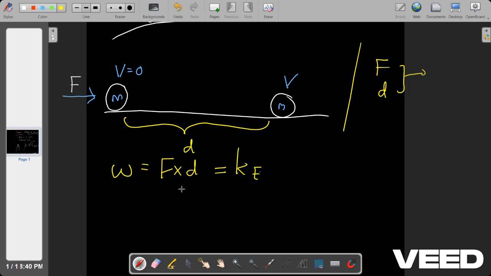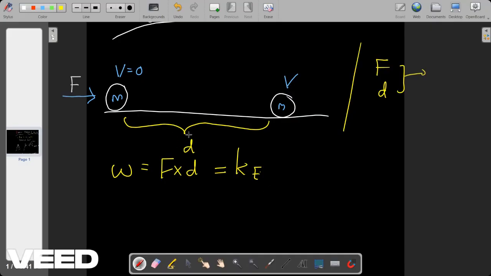Now, if it has gained velocity v, using d and v, derive an equation for velocity.